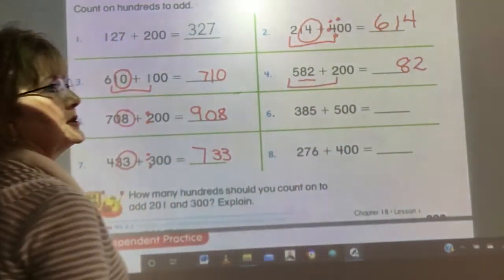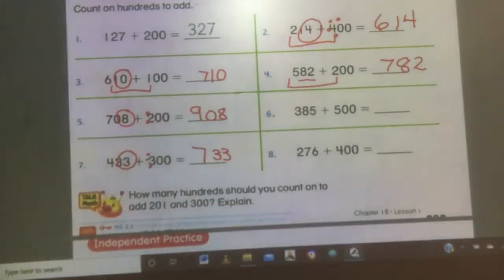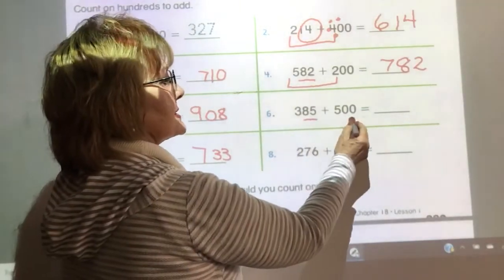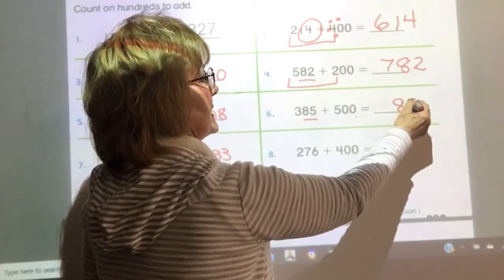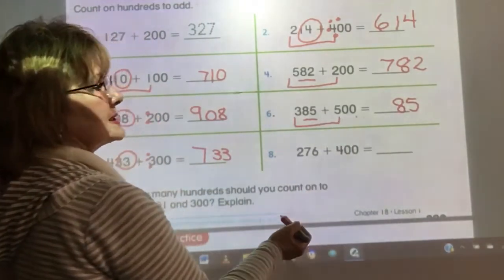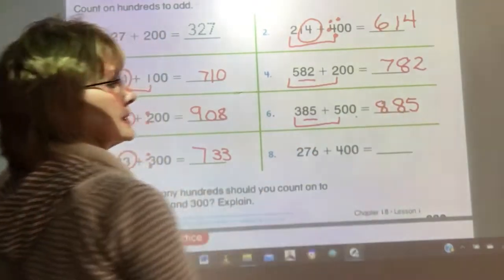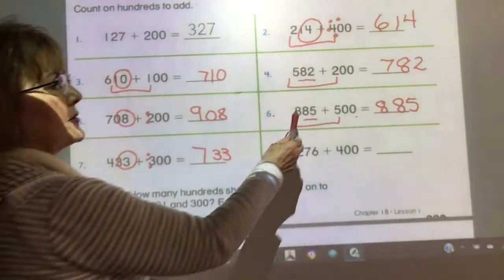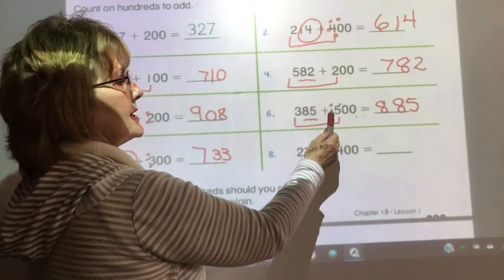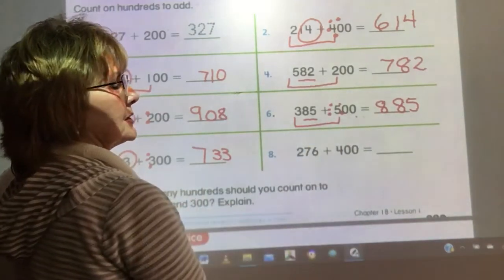500s plus 200s makes 700s. 782. 85 is not affected by adding zeros, so it's 300 plus 500 makes 800. 885, or 385, 485, 585, 685, 785, 885.